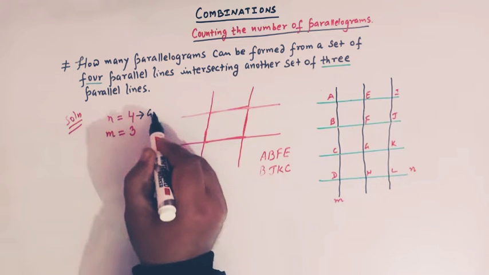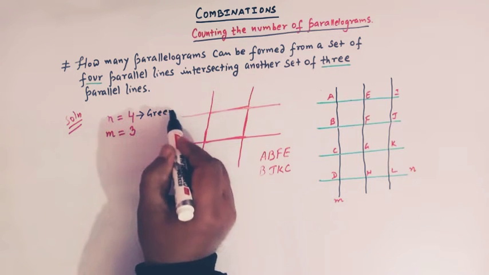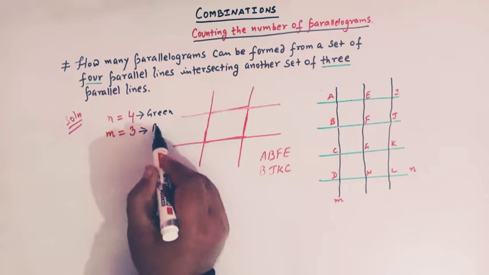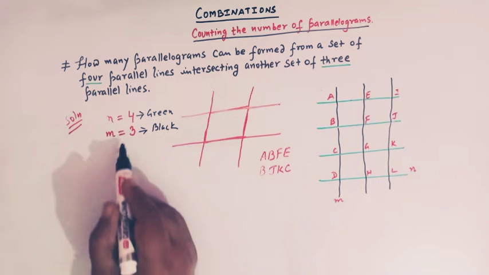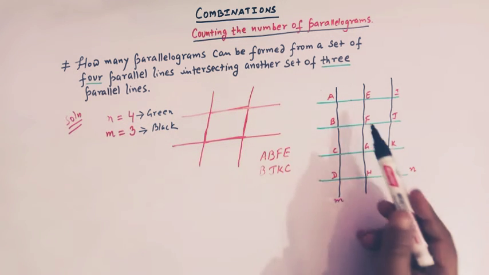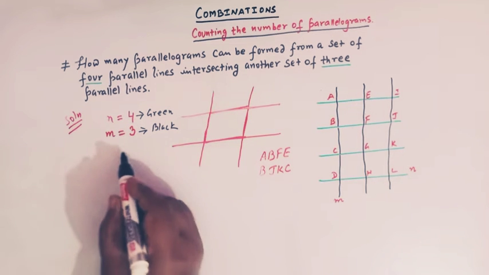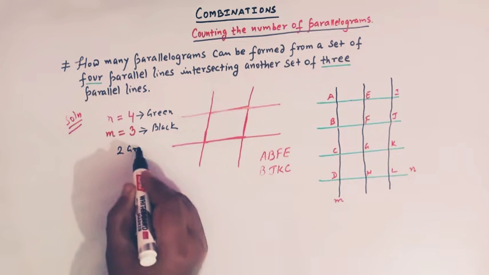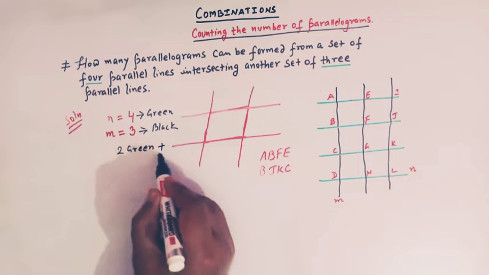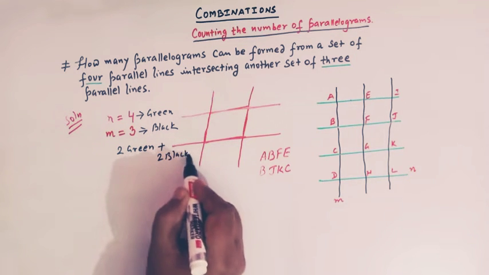The number of green lines is 4 and the number of black lines is 3, and each parallelogram is made up of 2 green and 2 black lines.